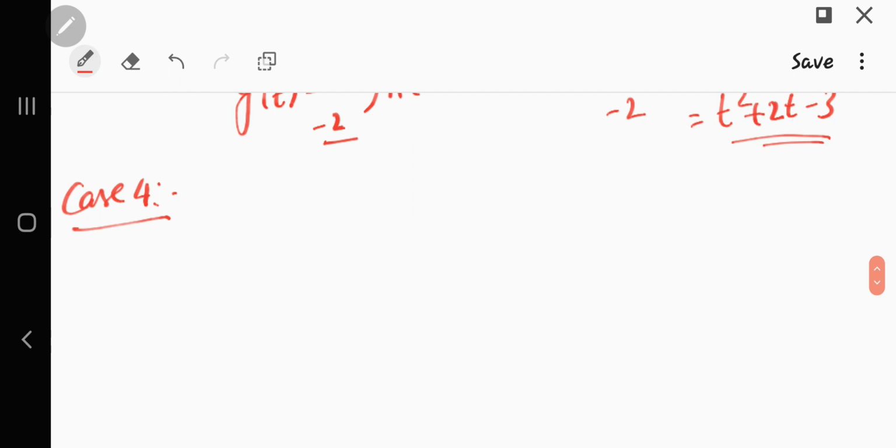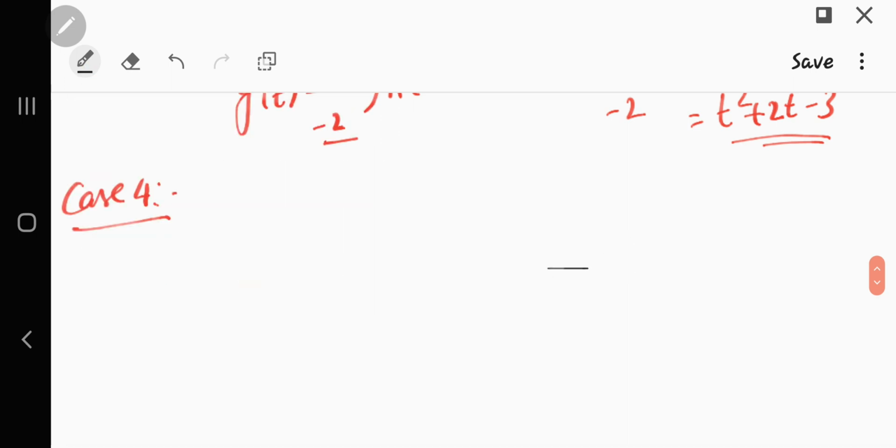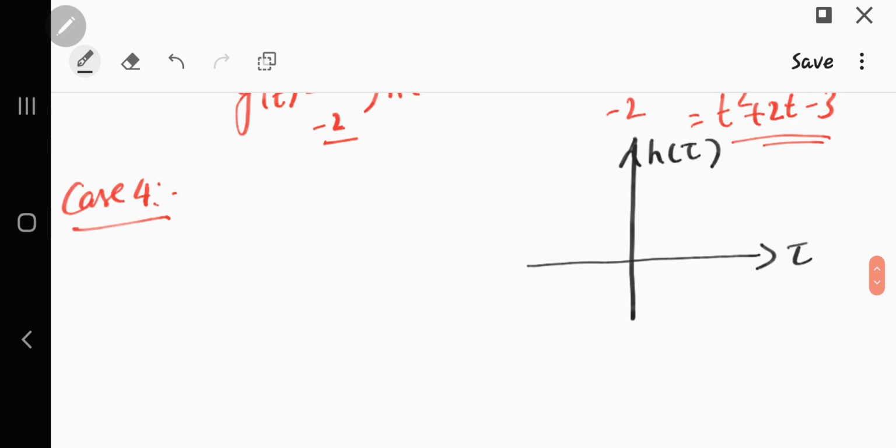And if you want to keep it simple, you can combine these two cases, and while writing y of t, you can make it as one particular range, because both are having the same values here. So while concluding that, I will tell you how to write y of t here. Now considering the case 4, let's plot the signal here, the static one, h of tau.